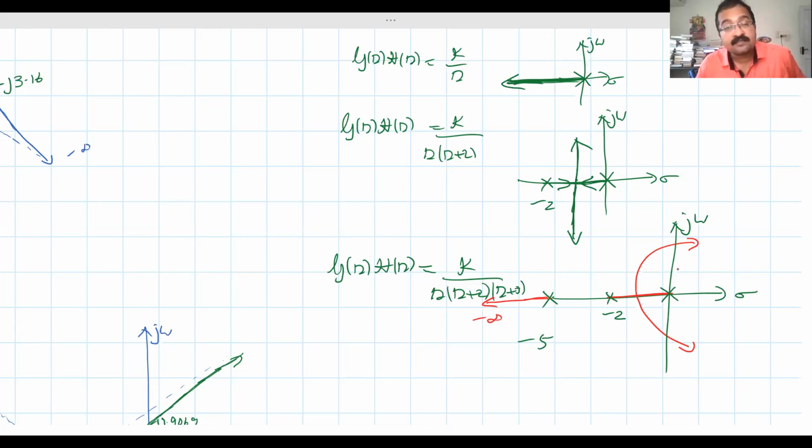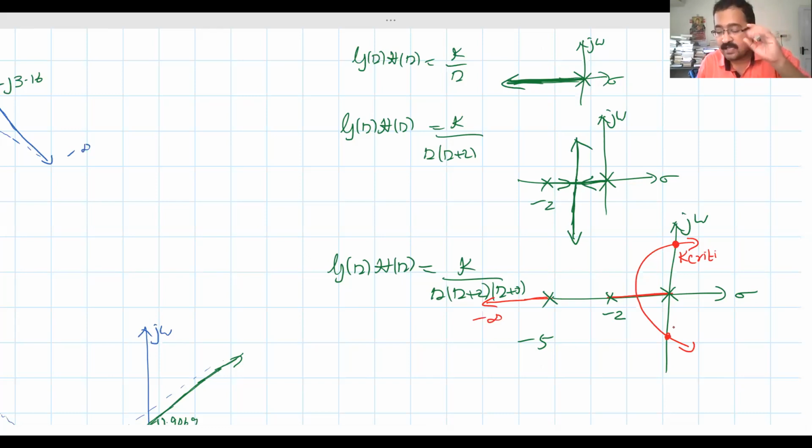What about the third case? You cannot add infinite value of gain K, because if you increase the gain K beyond this K critical, what happens? Two poles will move to the right half of the s-plane, making the closed loop system unstable. So now you have a limited value.